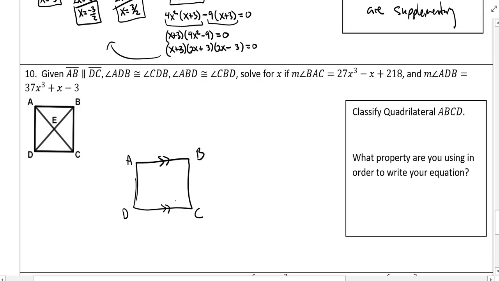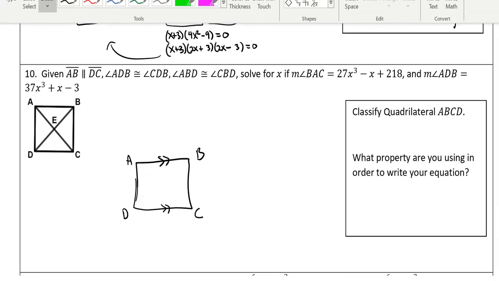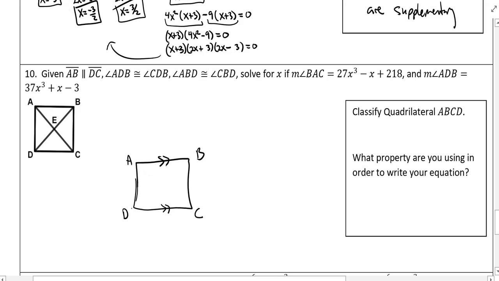Angle ADB is congruent to CDB. I'm sorry, I messed that up. Let me fix that. ADB, so this angle here is congruent to CDB. So those two angles are congruent.